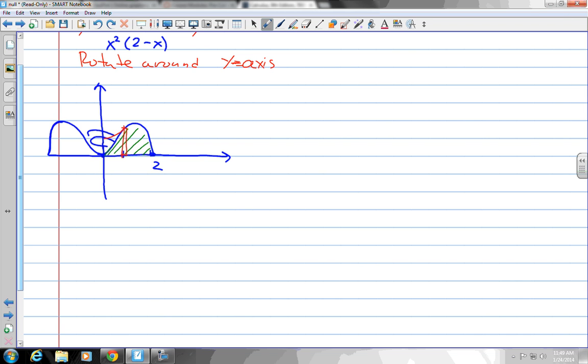So what I'm ending up with is kind of a can, right? If I just rotate this one little rectangle around the y-axis, I'll end up with a little can, right? That's what Owen was saying about a roll of paper towel and unrolling it, okay?